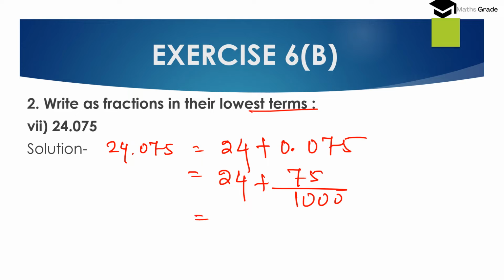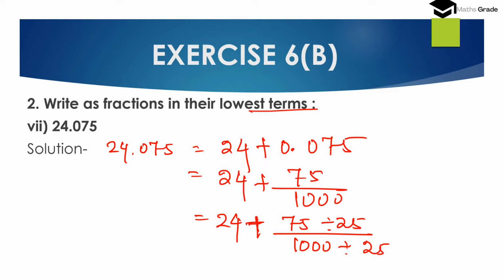So divide 75 by 25 and 1000 by 25. Now 24 plus 75 divided by 25 is 3, and 1000 divided by 25 is 40.